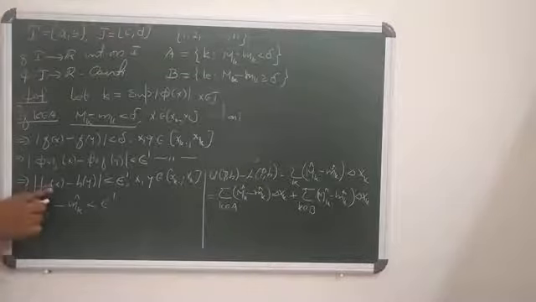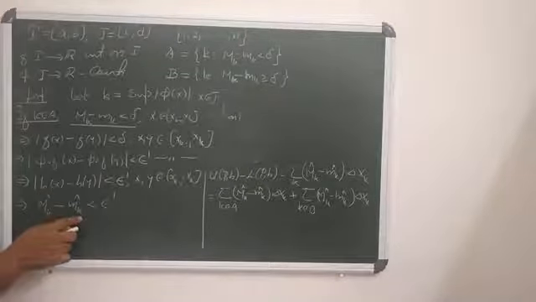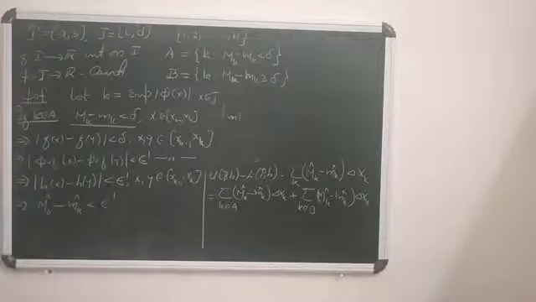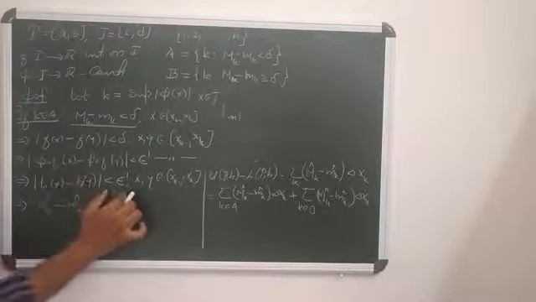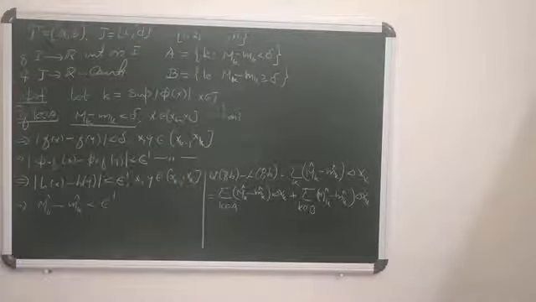What is M_k cap? Supremum of mod h(x). Small m_k cap is the infimum of mod h(x). So when modulus of h(x) minus h(y) is less than delta, we can conclude that M_k cap minus m_k cap is strictly less than epsilon dash.